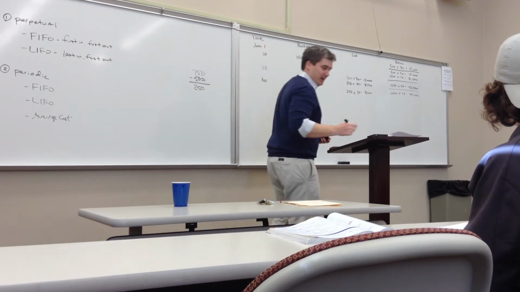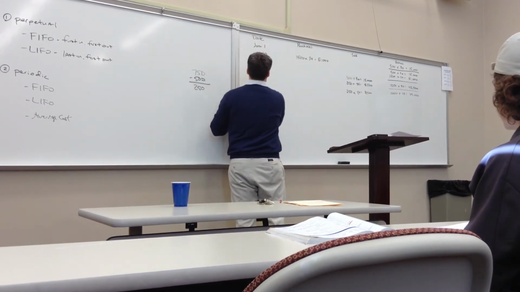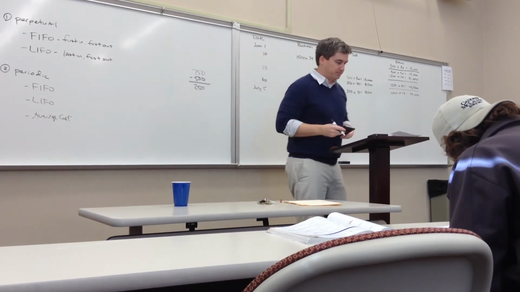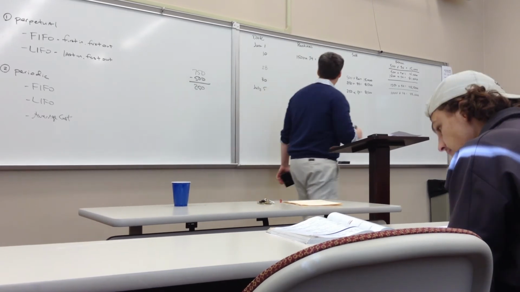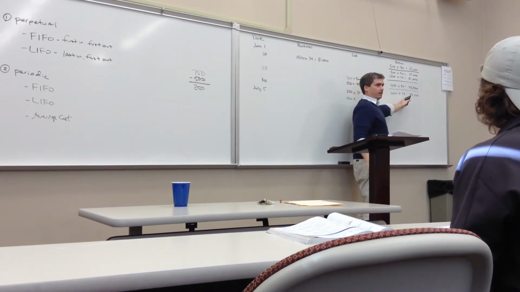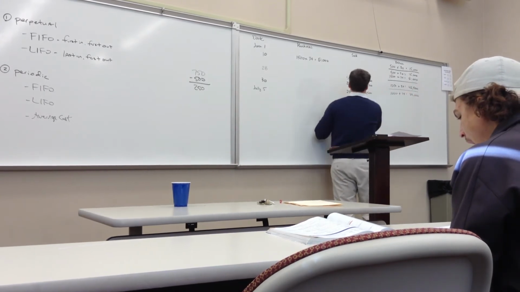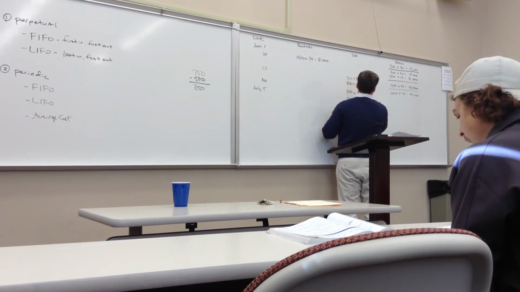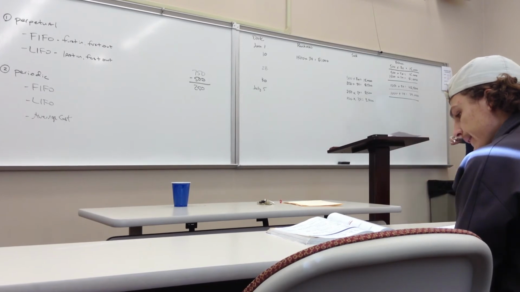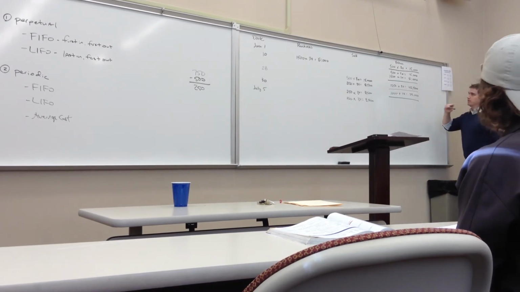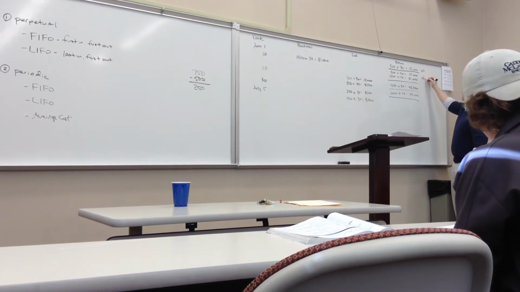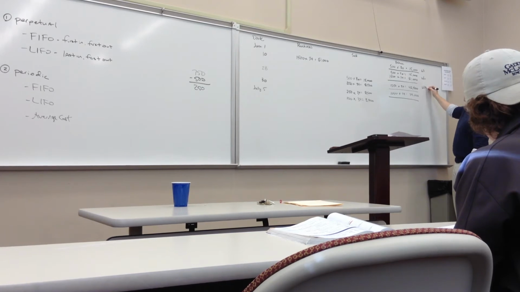All right, July 5th. July 5th comes along and we make another sale. We sell 100 units. They still all come from the $34 batch. 3,400. Another thing I like to do, only when I think about it, is put a date out here to help you keep up with what exactly is what.